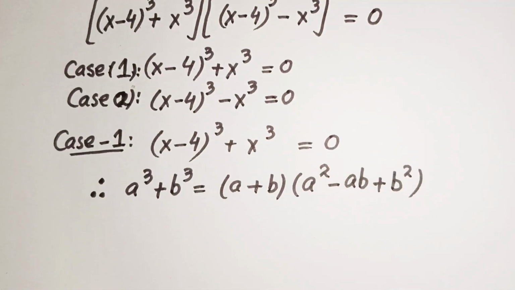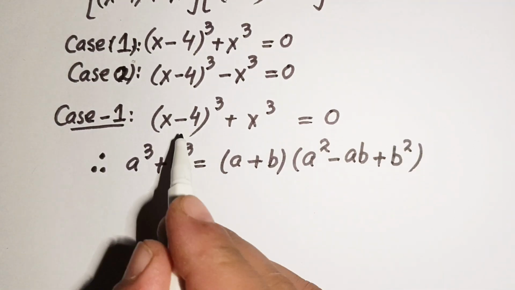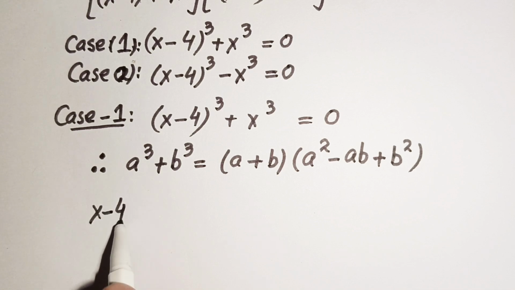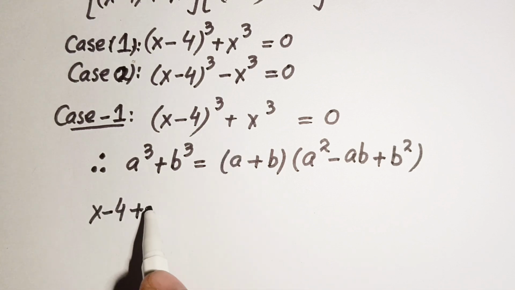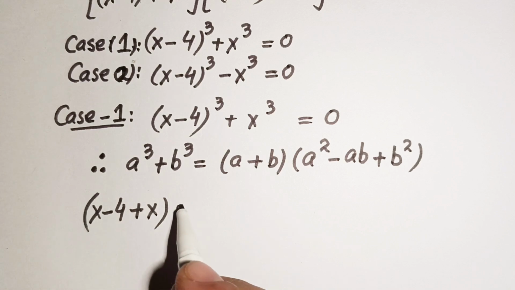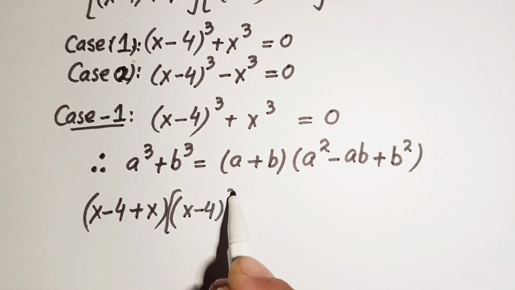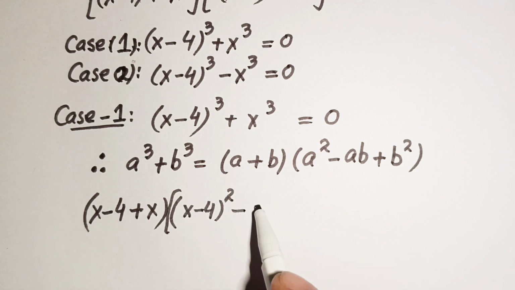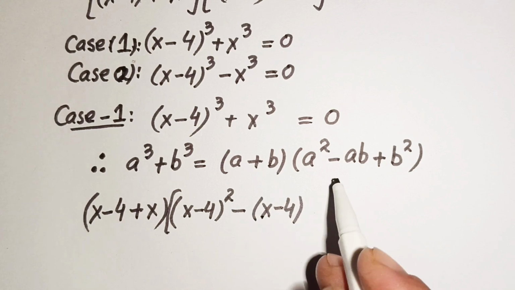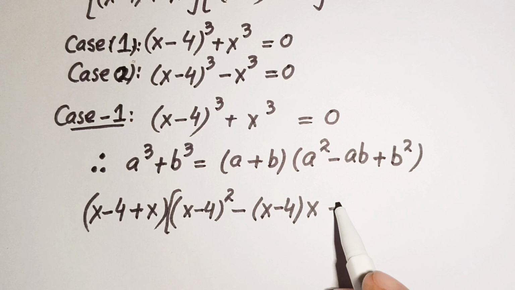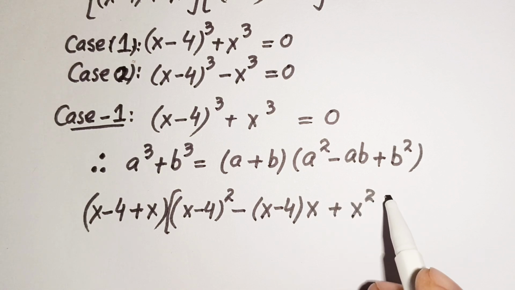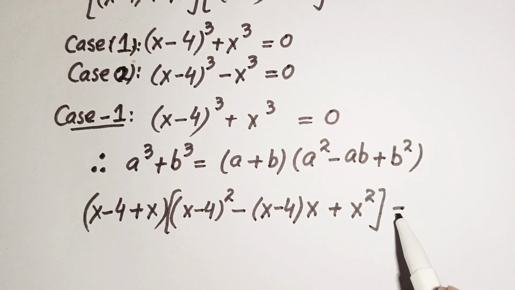Applying this, a is x − 4 and b is x, so a plus b times a squared, which is (x − 4)^2, minus a times b, so (x − 4) times x, plus b squared, which is x², equals 0.